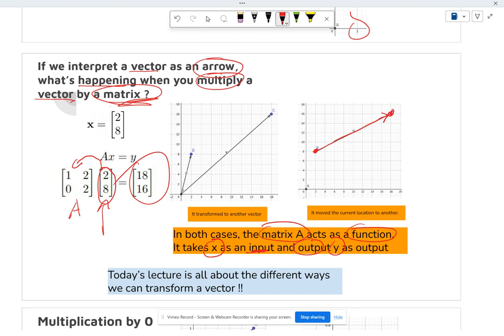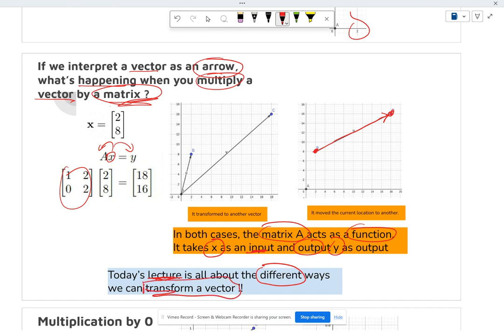That's the new way we're going to start interpreting vectors and matrices: this is some kind of input, you put it into a function A, and it gives you some kind of output. Today's lecture is all about the different ways we can transform a vector. If this is the input, what are all the ways we can transform it?